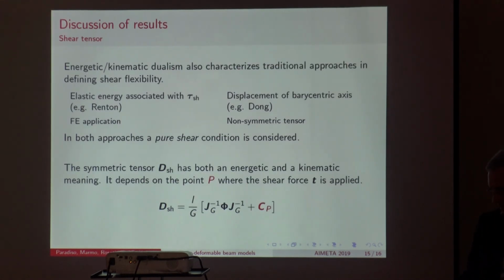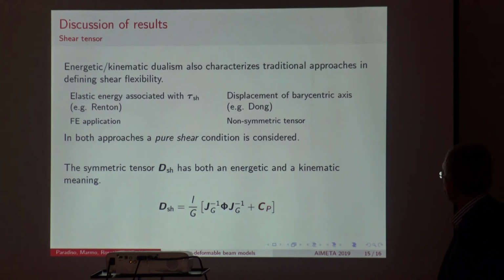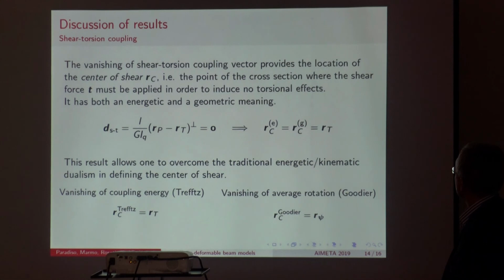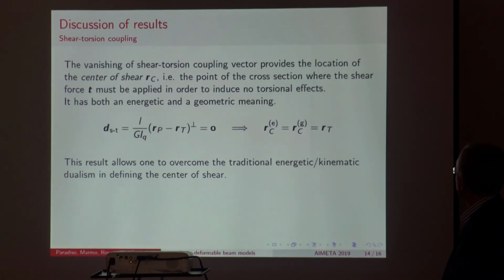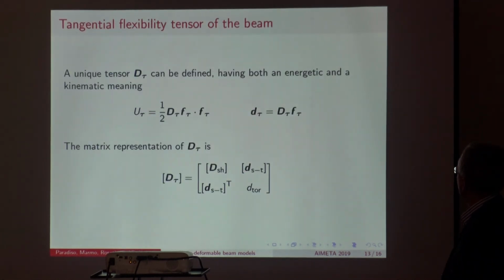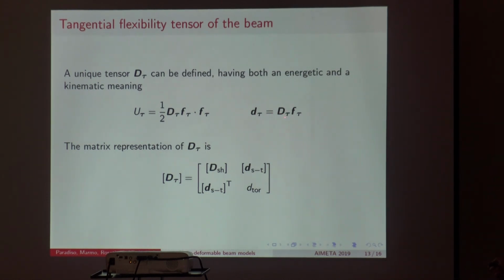In this expression, this is the shear correction factor, because they appear in this, you see? These are displacements. This is the tensor that relates the forces applied to the section with the displacement.